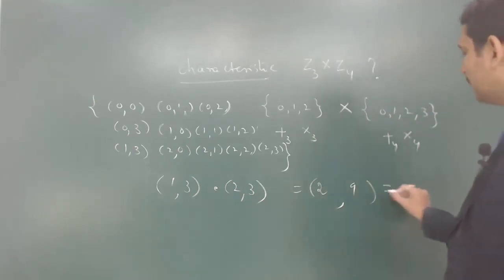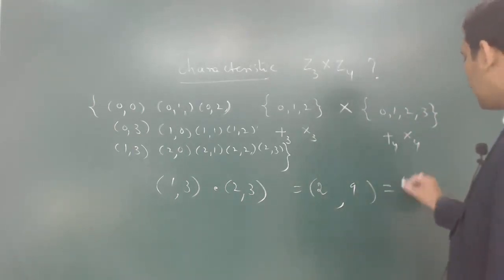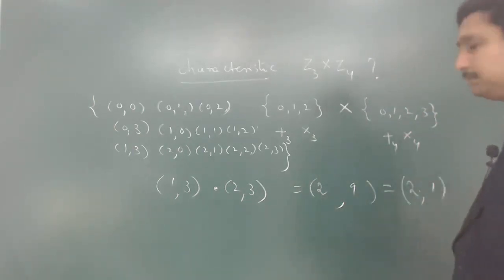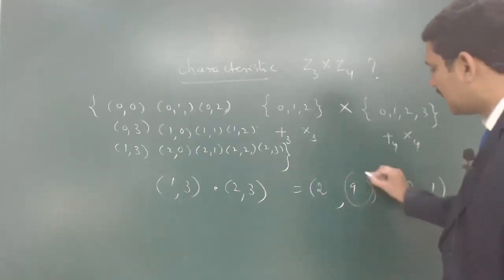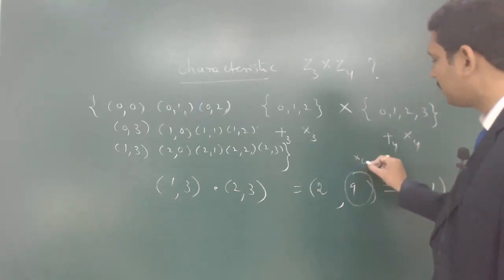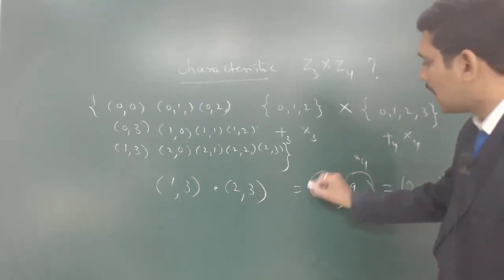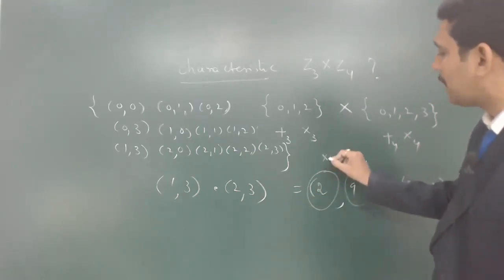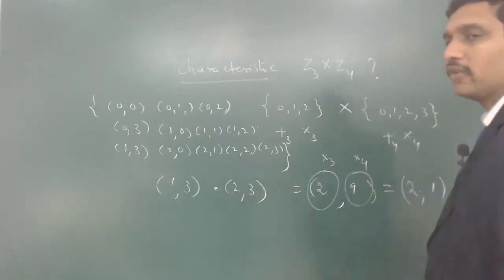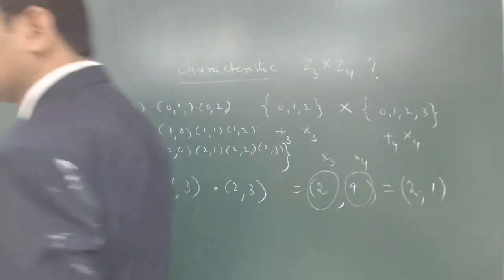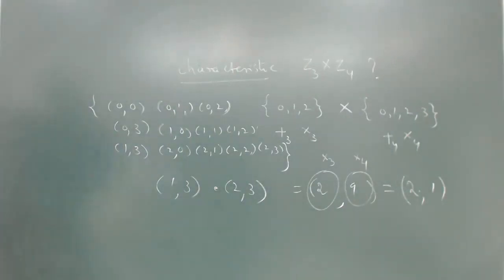So this is nothing but (2,1). Why? Because on the second element, I apply multiplication modulo 4, and on the first, I apply multiplication modulo 3. In this way, we perform multiplication over this set, and addition also. Okay? This is the way we consider addition and multiplication over this set on the elements.